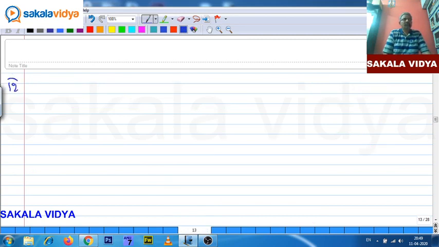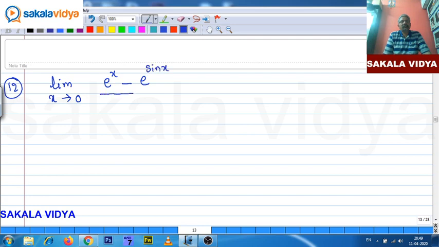So, the 12th question: limit x tends to 0 of e power x minus e power sin x upon 2 into x minus sin x equals to.